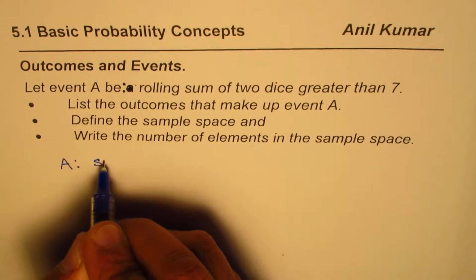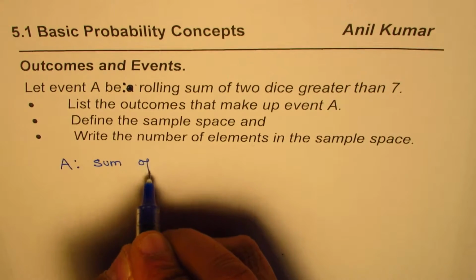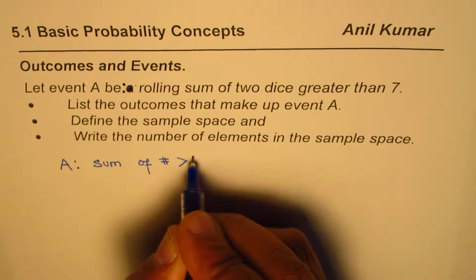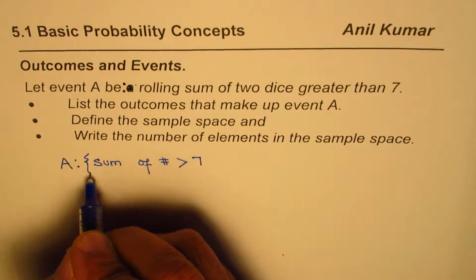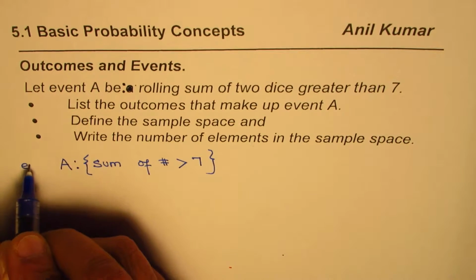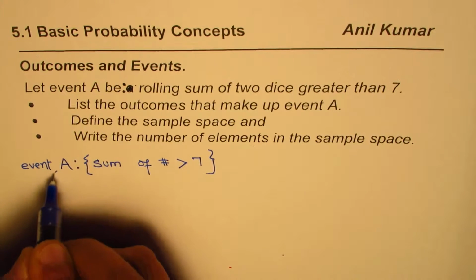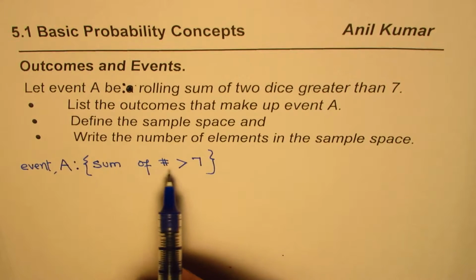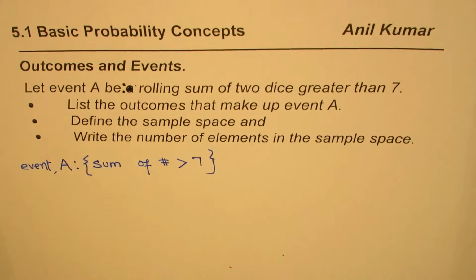So we can write the sum of numbers when we are rolling two dice, greater than 7, right? That is the event which we are looking into. So the event A is the sum of two dice greater than 7.